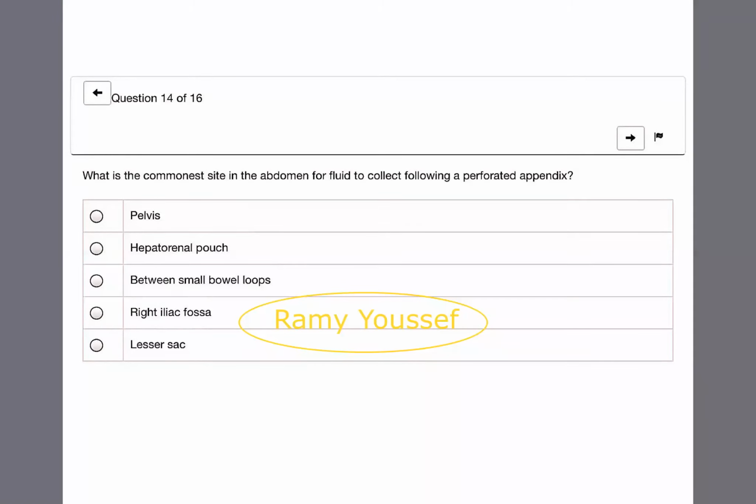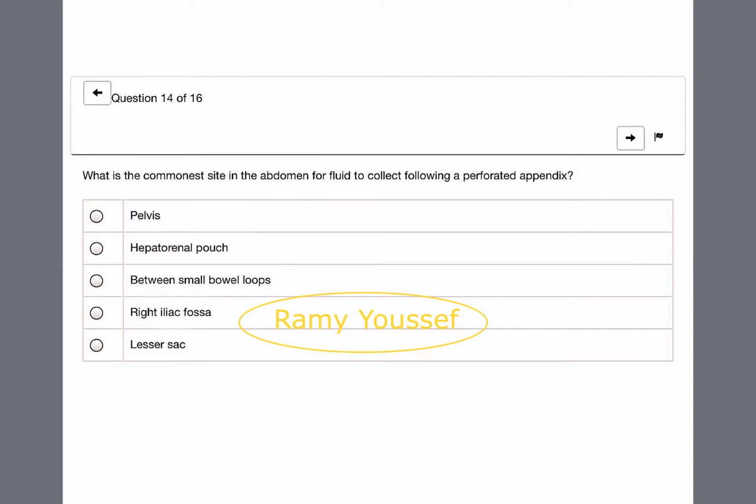What's the commonest site in the abdomen for fluid to collect following an appendicectomy? A, pelvis; B, hepatorenal pouch; between small bowel; right iliac fossa; and lesser sac. What do you think?